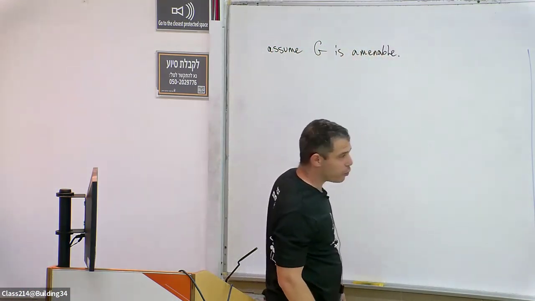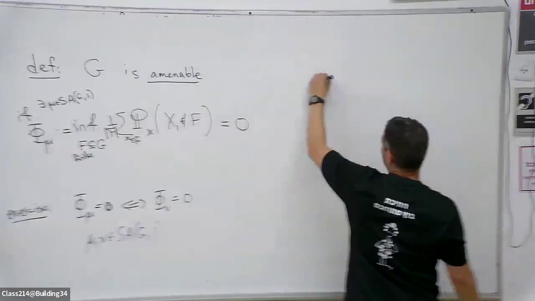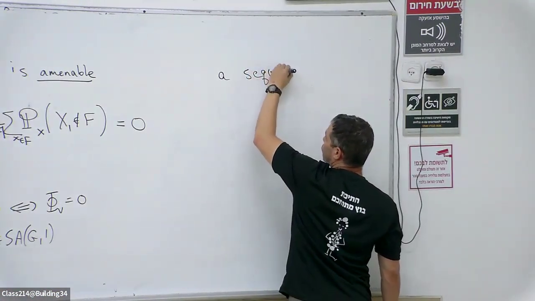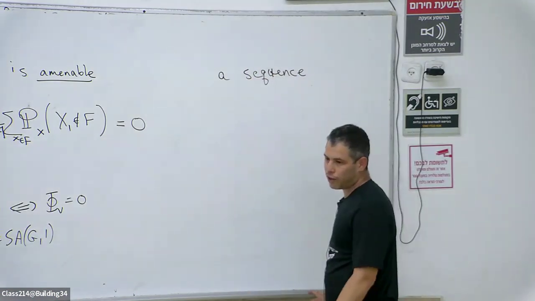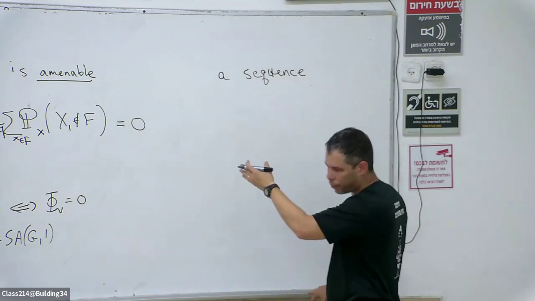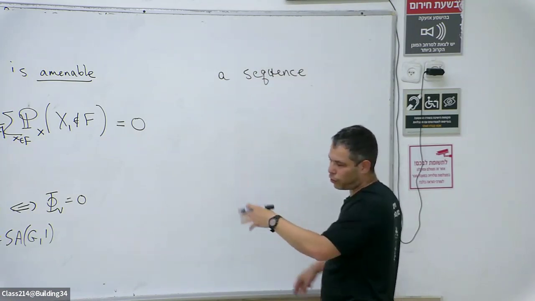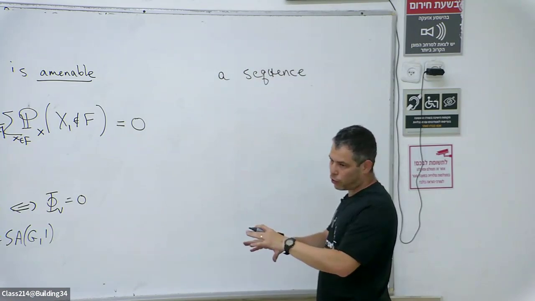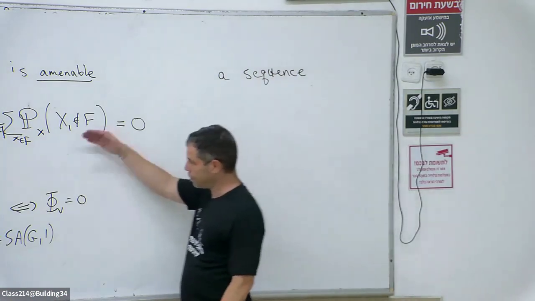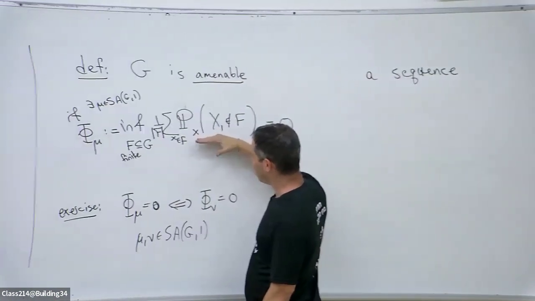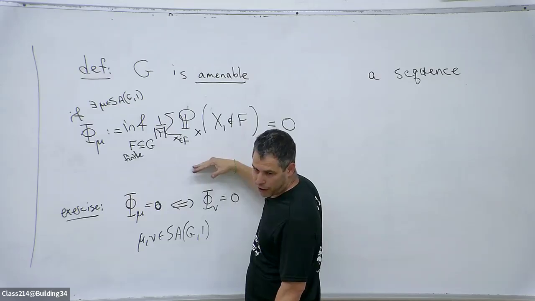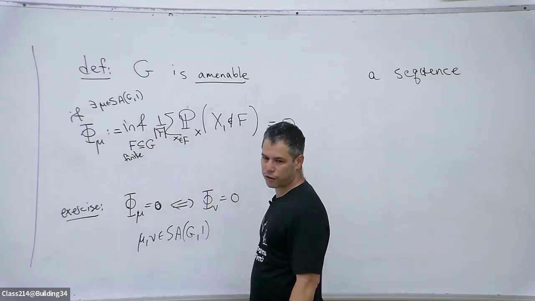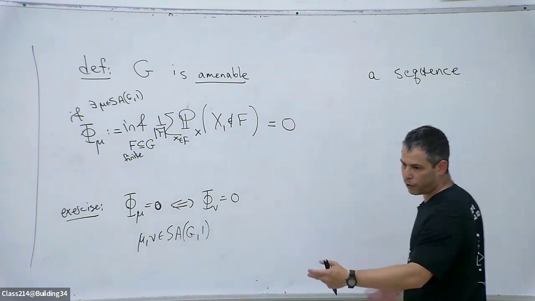By the way, a sequence like this is called Følner's condition for amenability. There are about 15 million different conditions for amenability. He didn't do it with random walks, he did it with graphs: the boundary of a set with respect to its volume. If you take a simple random walk on a graph, this is just the size of the boundary divided by the size of the set. This is just the generalization to probability measures instead of finitely supported random walks.